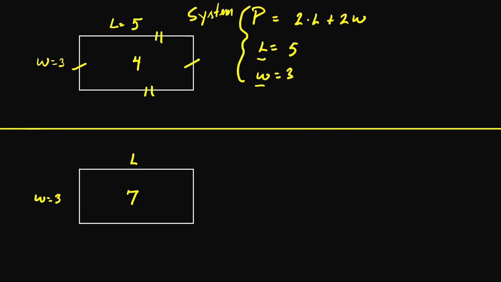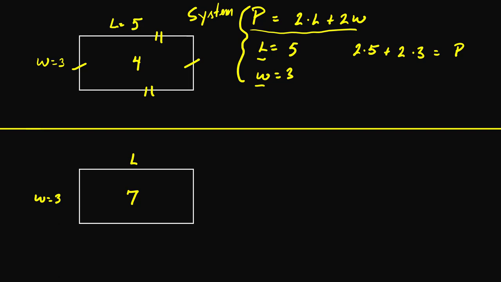And that would look like this. Wherever I see an L, I'm going to put a 5. So it would be 2 times 5 plus 2 times W, which is 3, and that equals the perimeter. At this point, we only have one equation and one unknown. In this equation, we had one equation and 3 unknowns, and we got it down to one equation and one unknown by doing the substitution. They didn't tell you those things, but you were doing that back in the 4th grade.